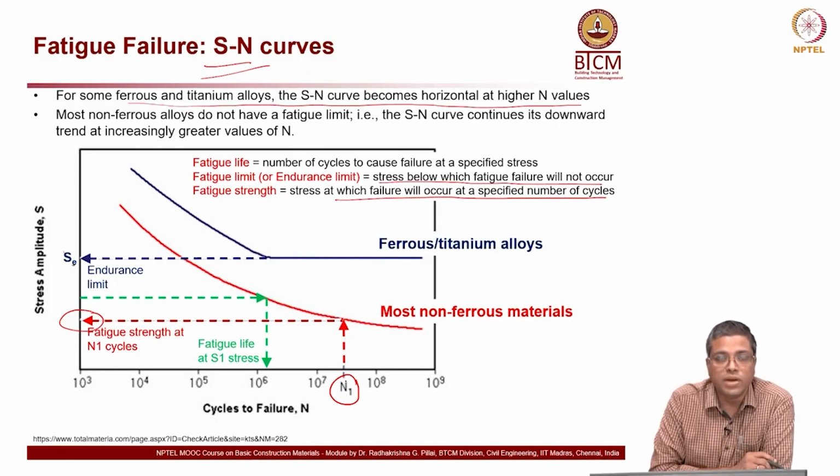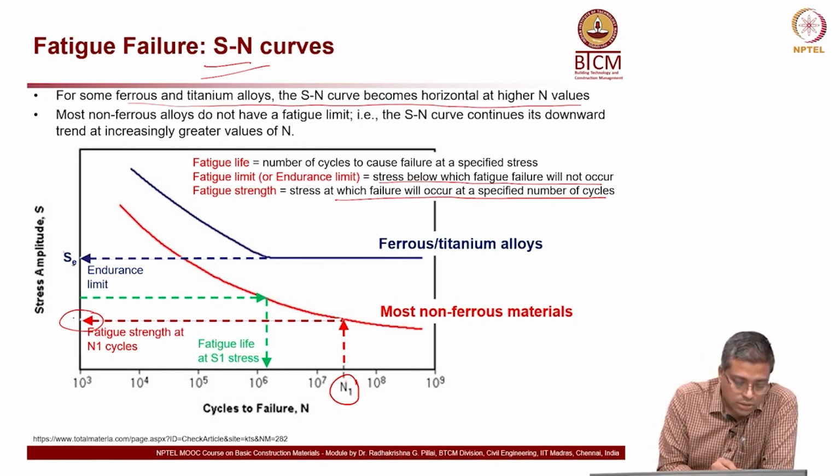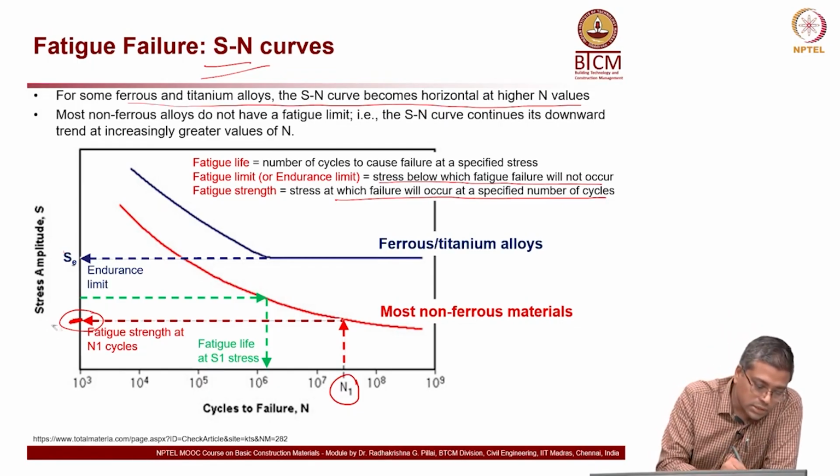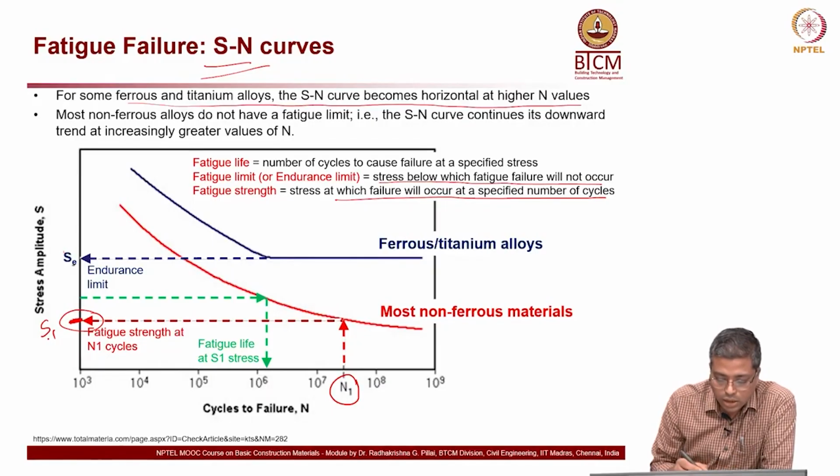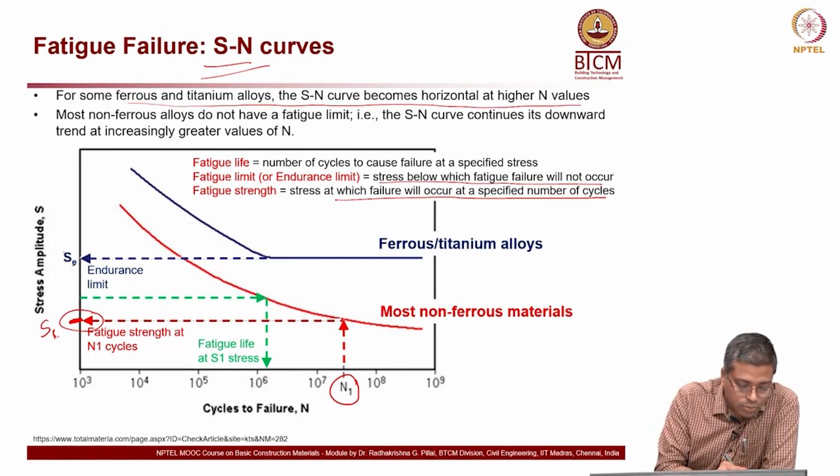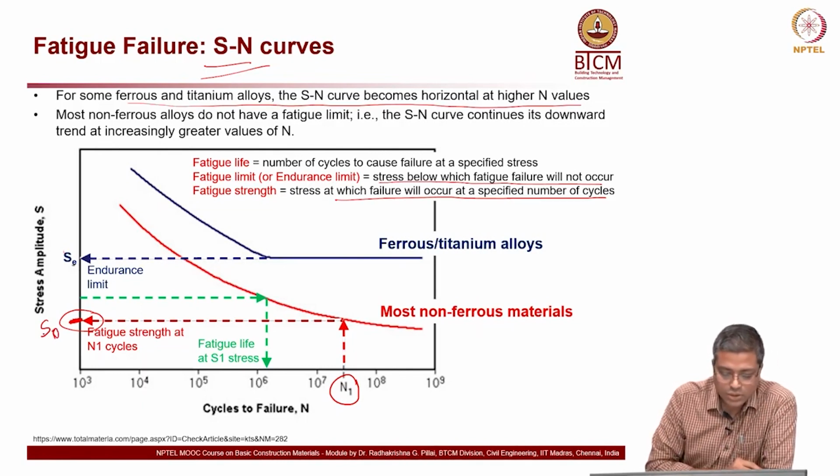So, my specified number of cycles in this case is N1, and that means the material will fail when the stress is here. Okay. Let us say there is no unit on this. So, let us say this point A I am going to call S1, N1, or S0, because I have already another S1.